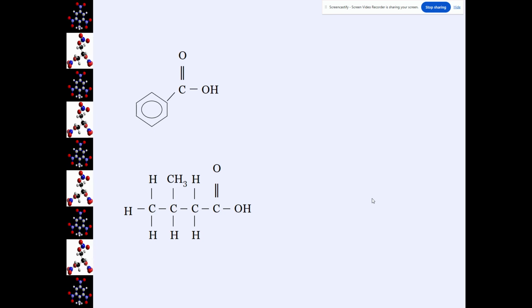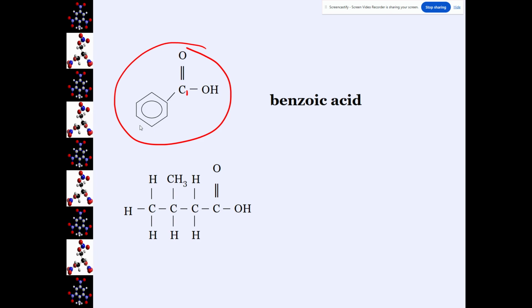Okay? Let's look at when we have branches or the benzene ring. When you have the benzene ring, this again is carbon 1, and the benzene ring is part of the entire structure or parent, if you want to call it the parent. The name of this is benzoic acid. Just like when you had the hydroxyl functional group, an alcohol on your benzene ring, it was called phenol.